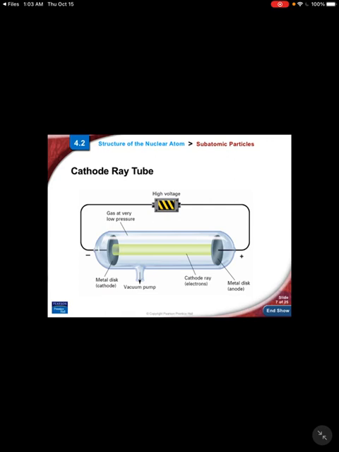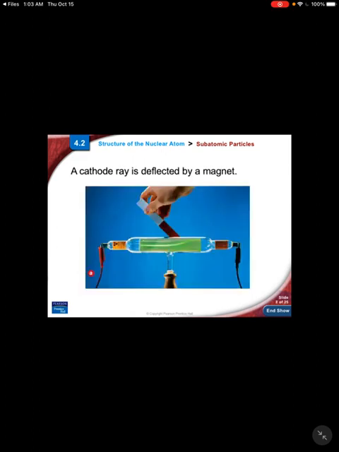In this view, it would be heading left to right. He was studying this stream, and he saw that it was affected by magnets. You can see here a picture of an actual cathode ray tube being deflected by a magnet. Here it's actually being attracted up to the magnet.